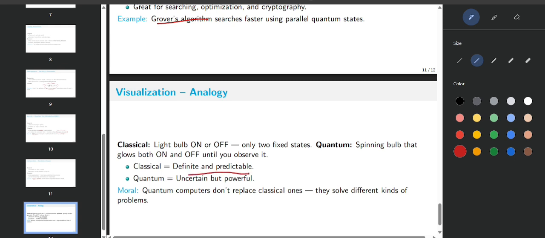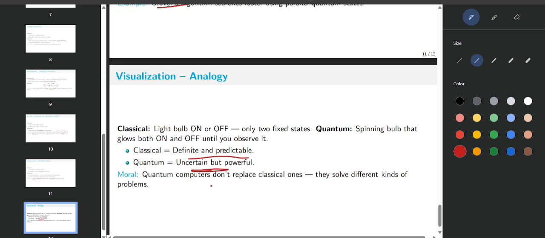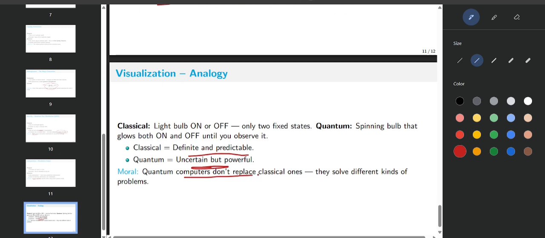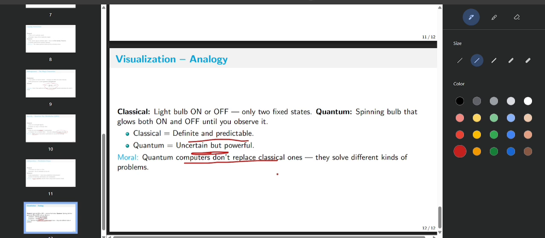Quantum computers are uncertain but powerful. Quantum computers do not replace classical ones; they work together, solving different types of problems. This point you need to remember.